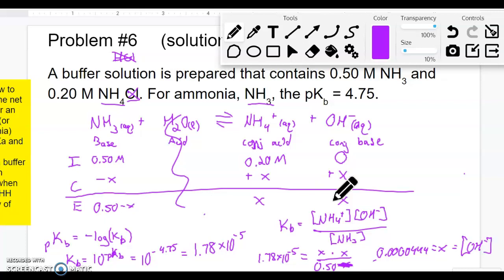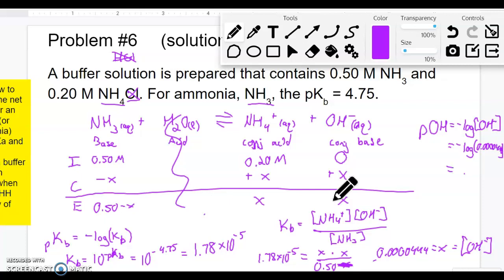at equilibrium. From there, because I know the concentration of OH, I can figure out pOH. It's equal to negative log of the concentration of OH minus, which equals negative log of 0.000444. Sorry, it's getting messy.